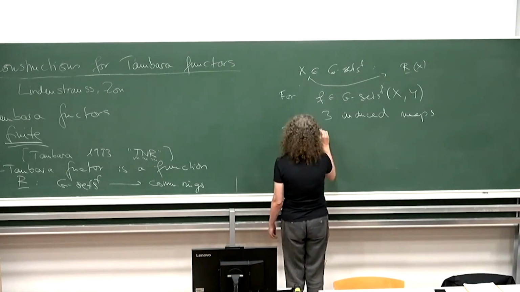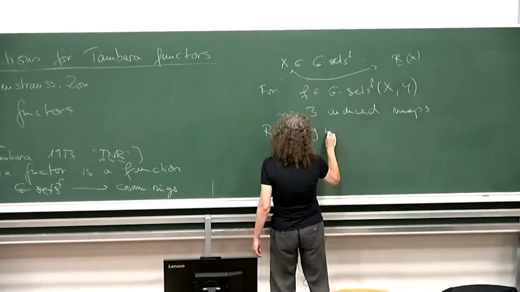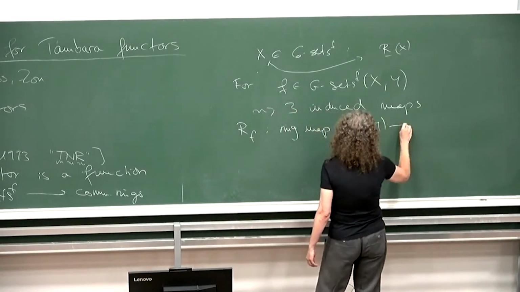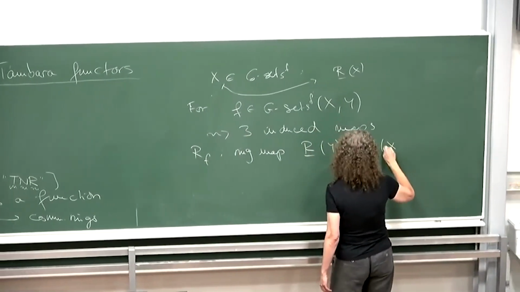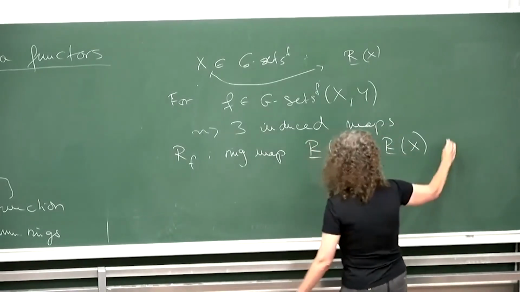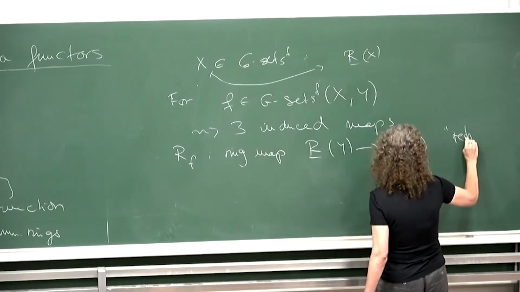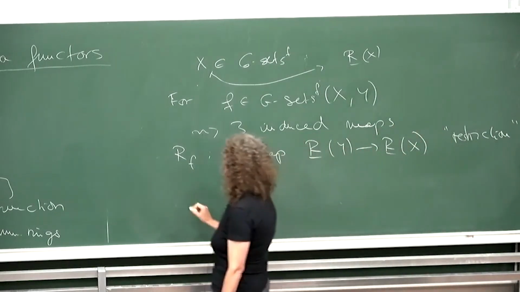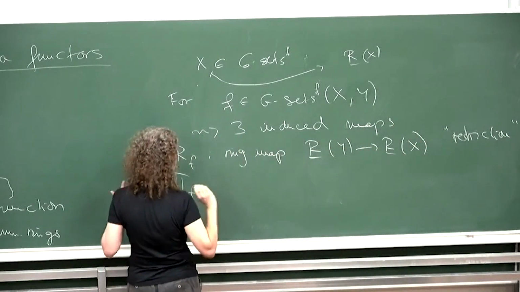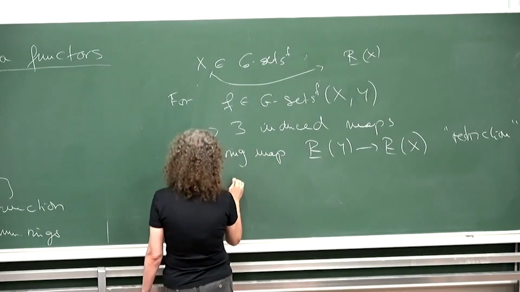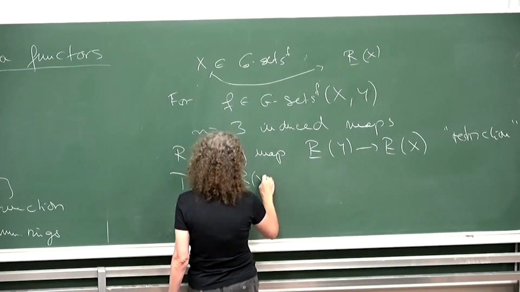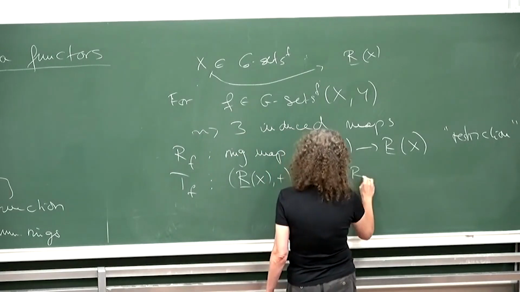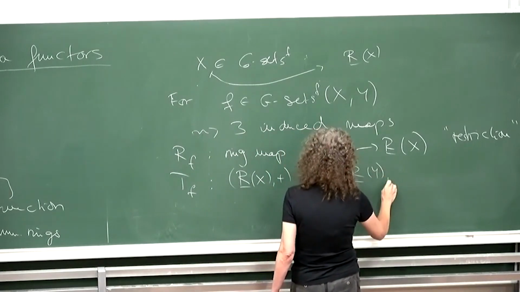and that's a ring map going backwards, so R_Y to R_X. Then we have a transfer map going with the flow, but only preserving the addition, so we get a map of abelian groups.